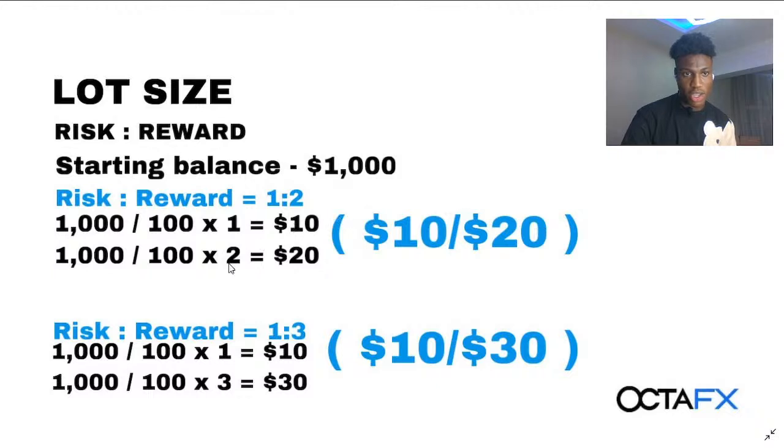The second way is by using a risk reward ratio, right? So still using the same example, the same starting balance of $1,000, and for example, if you're using a 1 to 2 risk reward ratio, what does this mean? I'm risking 1% of my trading account to profit 2% as reward, right? So how do you get 1% of your trading account? Simple, the normal way to get a percentage. 1000 divided by 100 multiplied by 1.